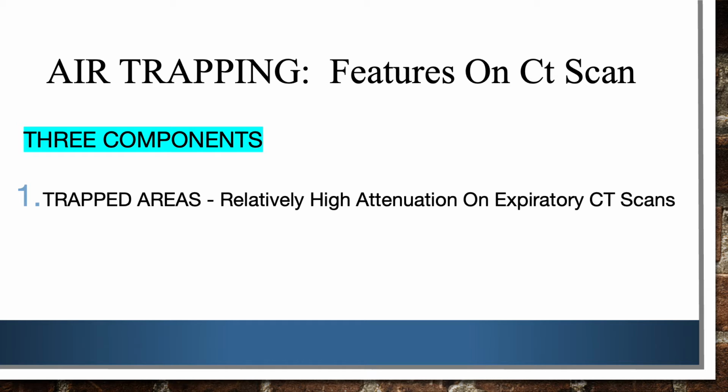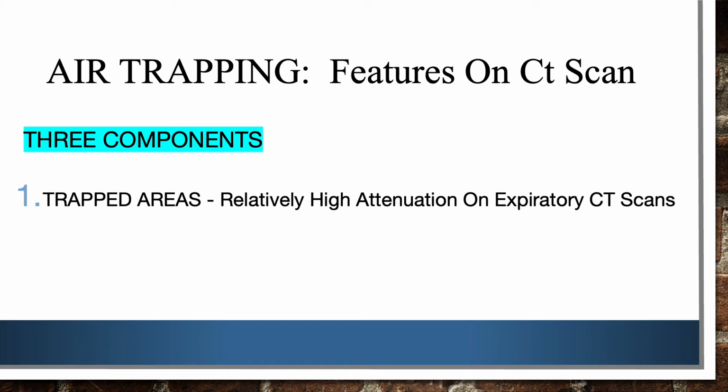But in cases of air trapping, there are newer indices and even quantitative measures that have been described where the expiratory air trapping can be measured, or the expiratory density rather can be measured in accordance to the inspiratory density, and the EI ratio can be obtained.